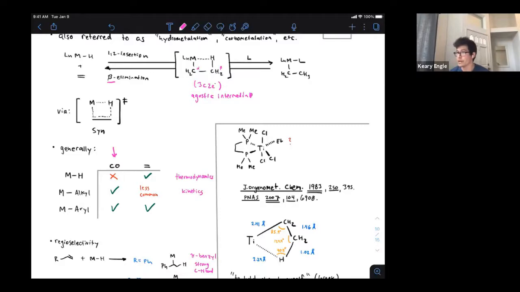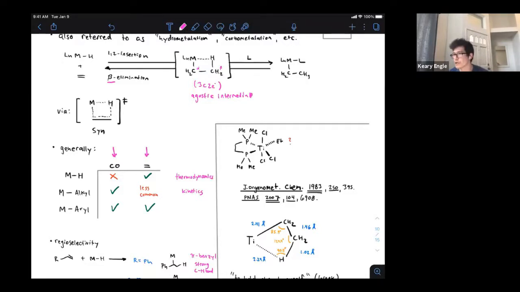And that's because of a thermodynamic argument. Remember that in metal hydride species, a metal hydrogen bond is stronger than a metal carbon bond. And so when we talk about ground state lowering or raising, that's what we're referring to here. So metal hydrides typically won't react with CO.